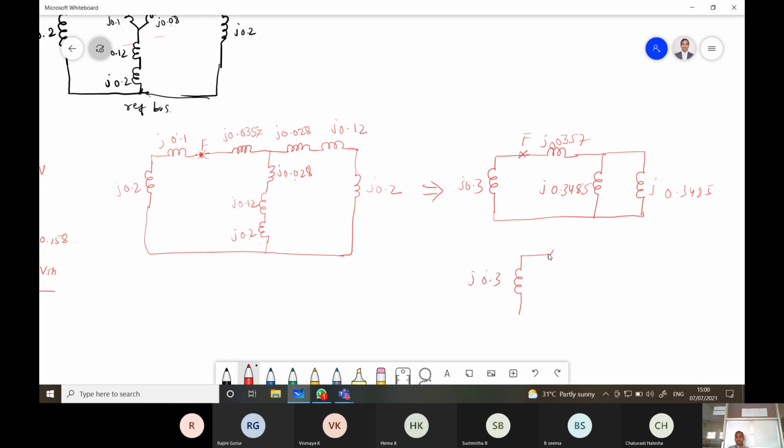How much is it? We will get J0.21. These two are in parallel. The result will be added with this one, which is in series. So finally we got J0.124.